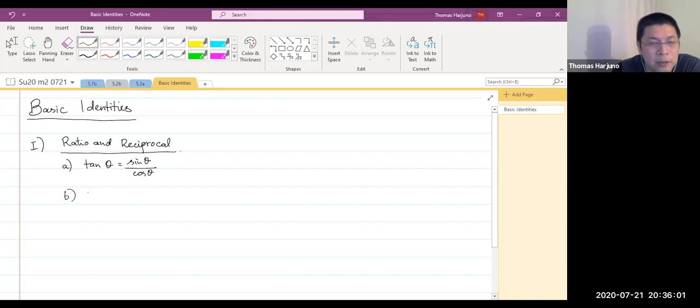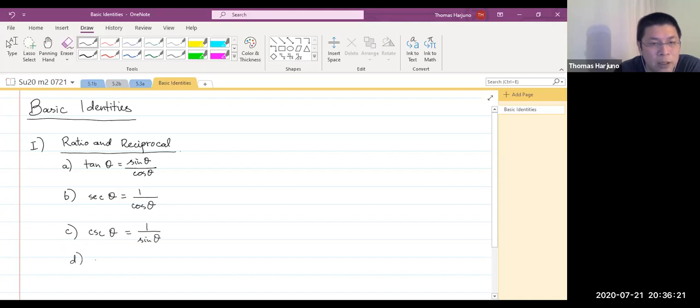Part B, secant theta is the reciprocal of cosine theta. Part C, cosecant theta is the reciprocal of sine theta.